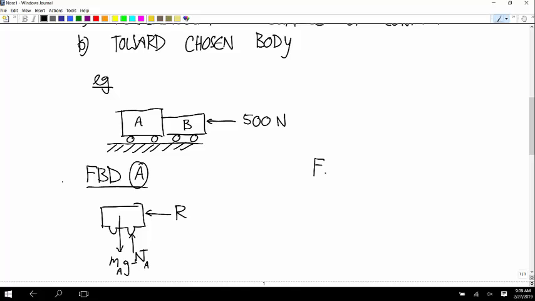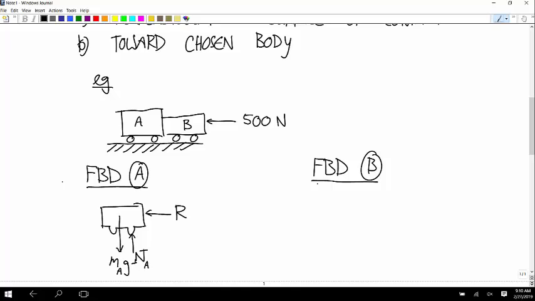And for the free body diagram of B. Oh, before I go into B, what about the 500 Newton force? It's applied to B. So all you're doing when drawing free body diagrams is applying the weight force or any other kind of field force, like if there's an electric field or a magnetic field. So you have the weight. And then just go around the boundary and look for places where the surroundings contact the boundary.